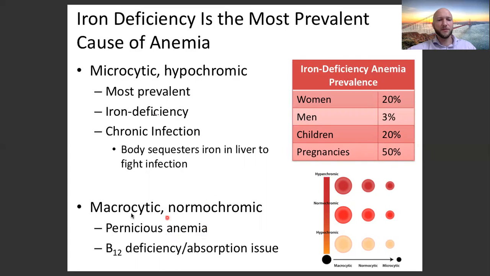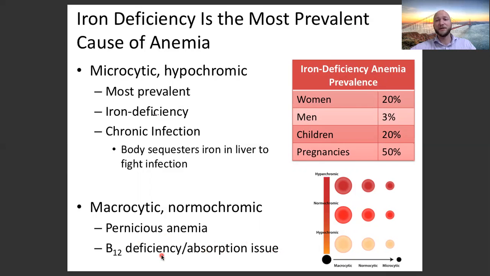Another one is pernicious anemia. We talked about this a little bit when we talked about digestion. Vitamin B12, cobalamin, needs a special helper protein to help absorb it in your intestines. Sometimes people have absorption issues when it comes to B12, which can lead to pernicious anemia.